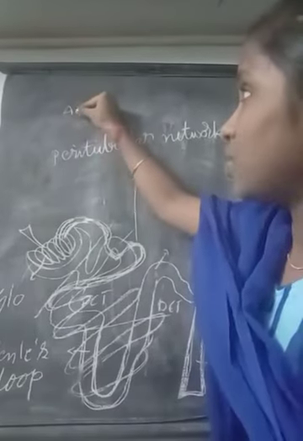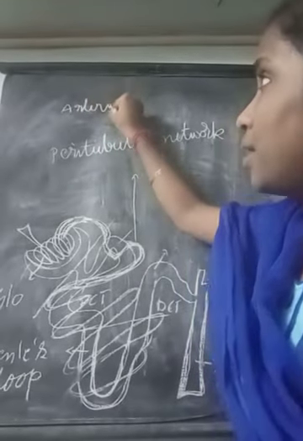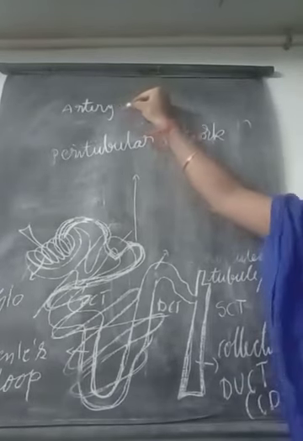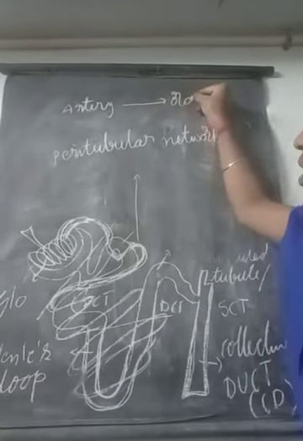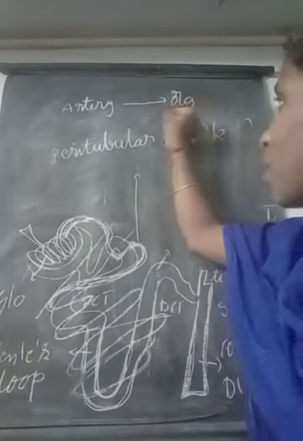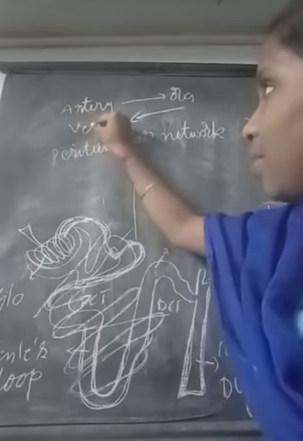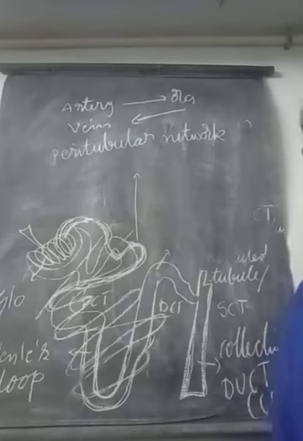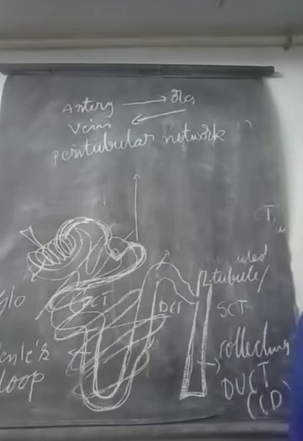The blood vessel which takes blood towards the organ is called artery. The blood vessel which brings blood away from the organ is called vein. These two things, do you know or not?